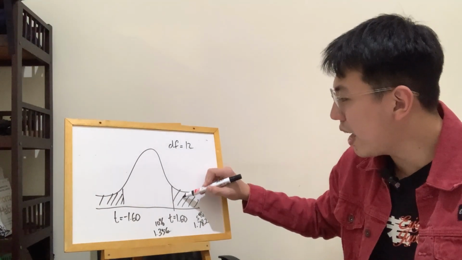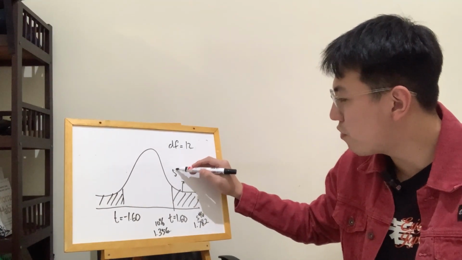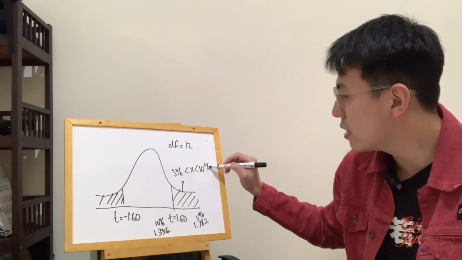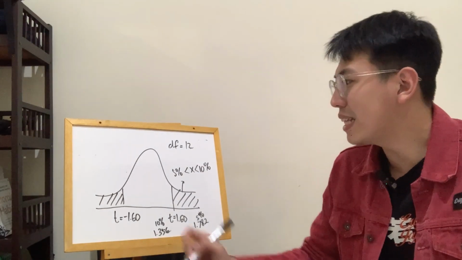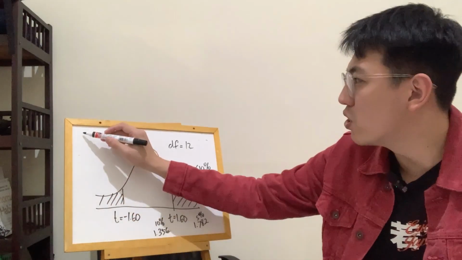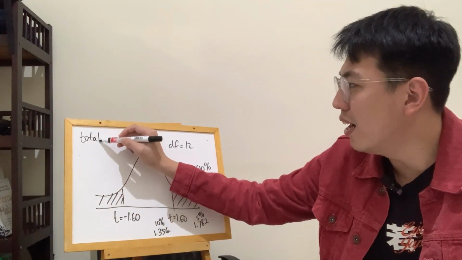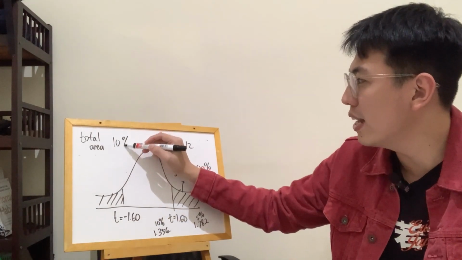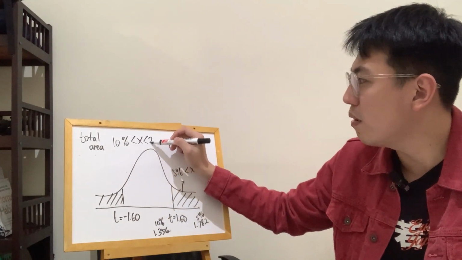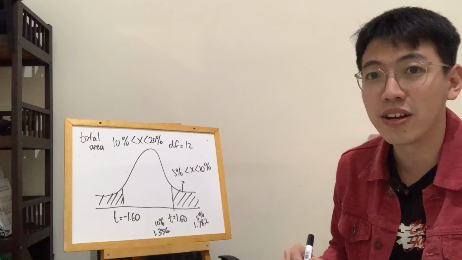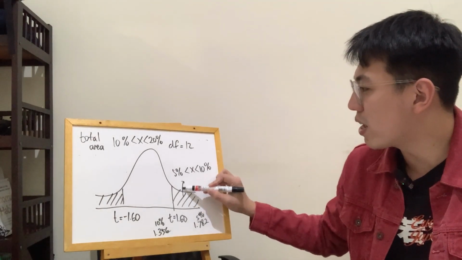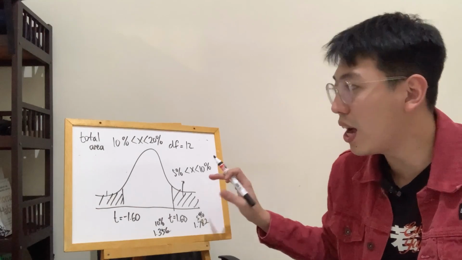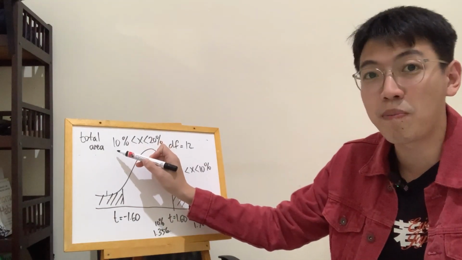So this area only ranges from 5% to 10%. Since it is two-tail, the total area will range from 10% to 20%. Since this is only for one area and the area on the left is the same as the area on the right, for the total area you just multiply by 2.